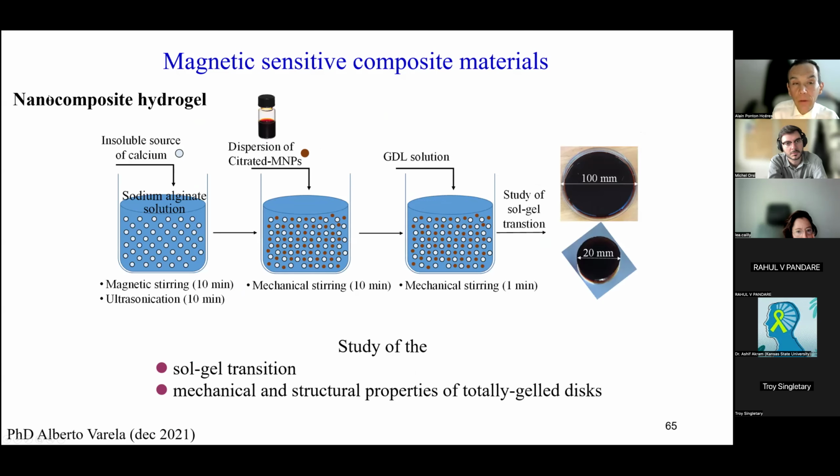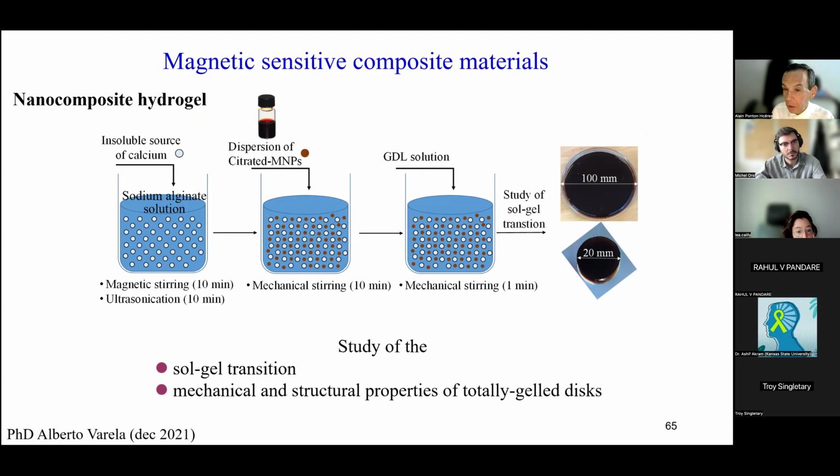So to elaborate this nanocomposite hydrogel, we prepare the aqueous solution of sodium alginate, we introduce magnetic nanoparticles, and then we induce the gelation to obtain a magnetic sensitive composite.